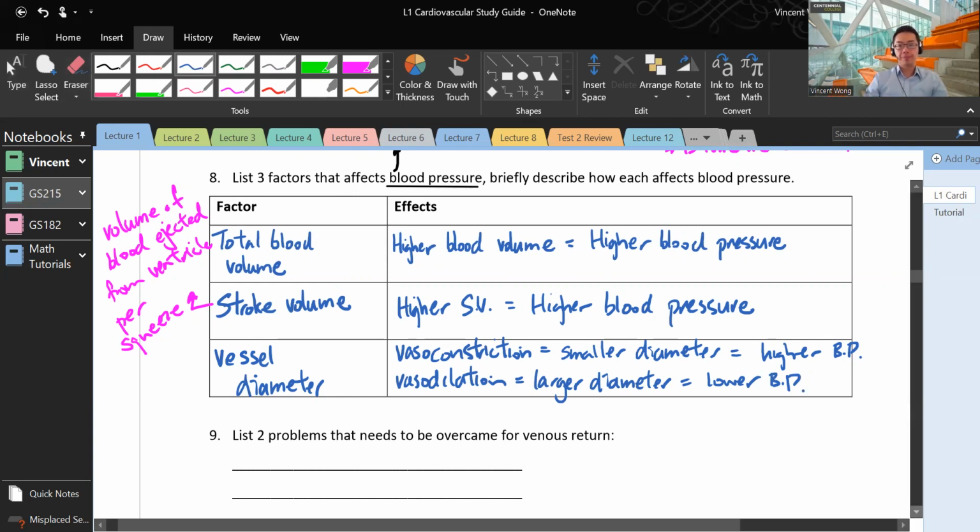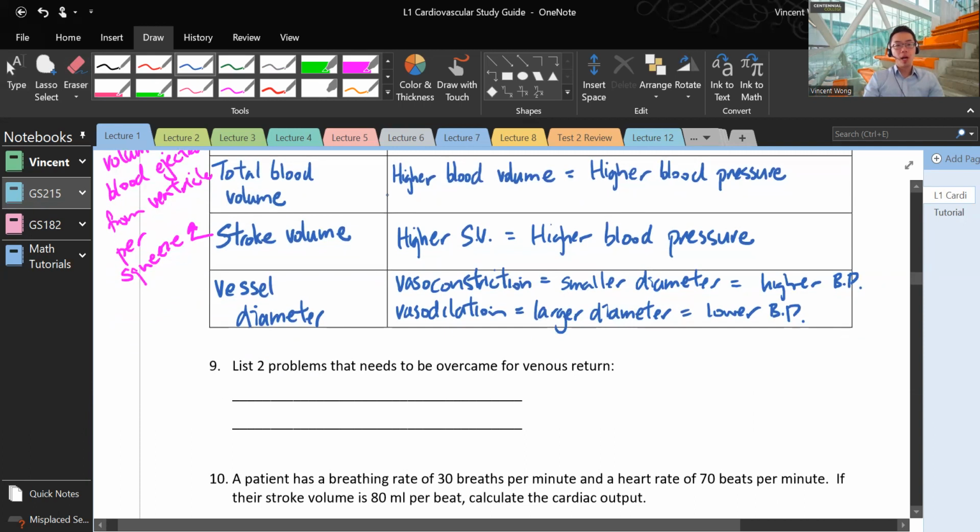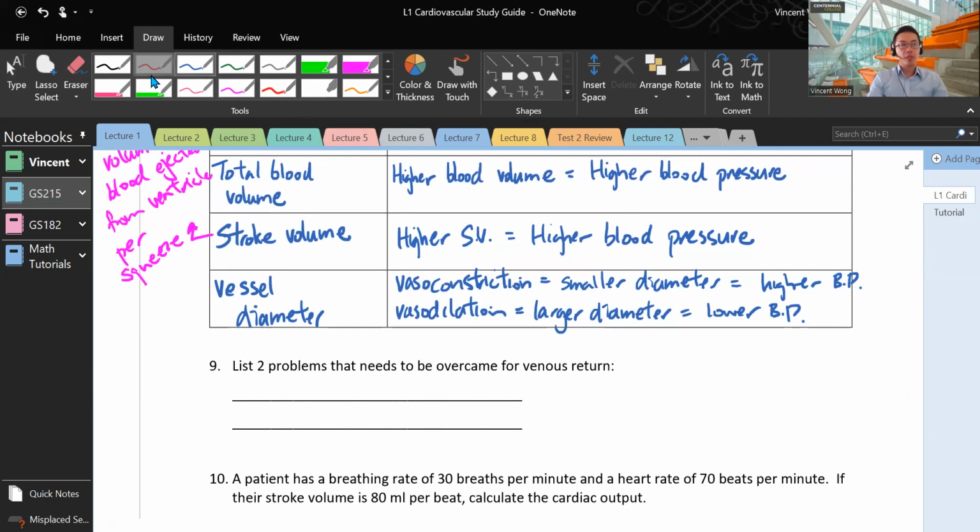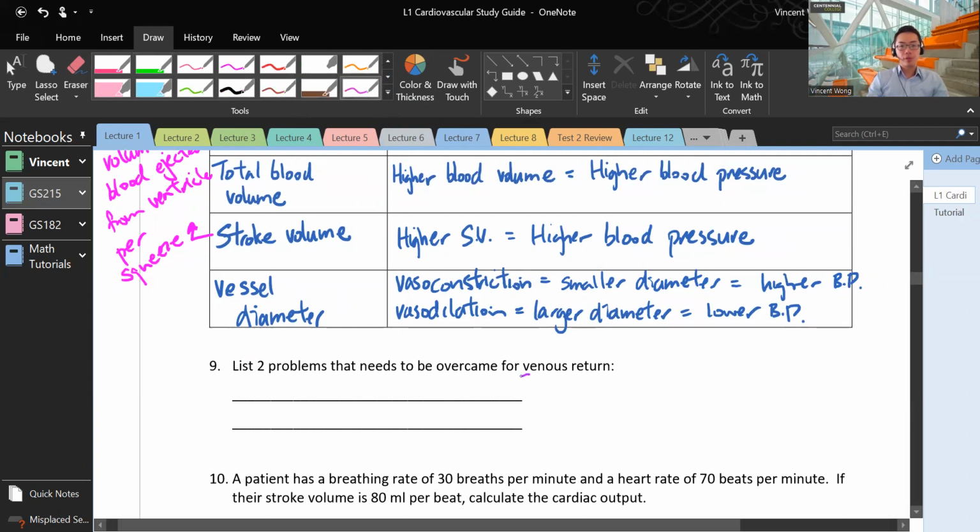Next question. List two problems that need to be overcome for venous return. First of all, what is venous return? Venous return is basically returning blood to the heart. Okay.